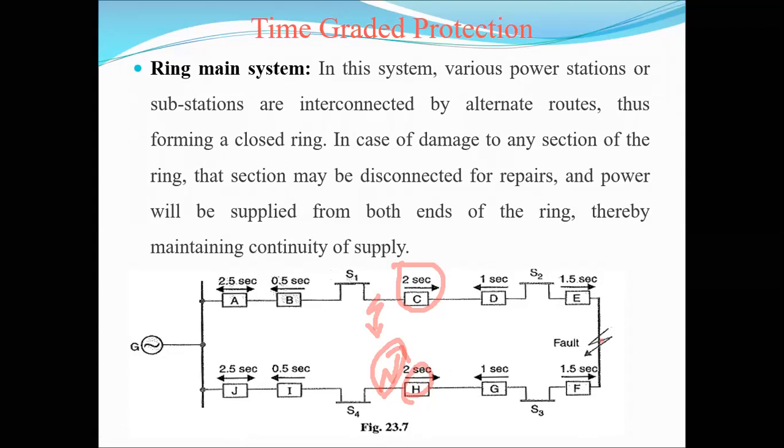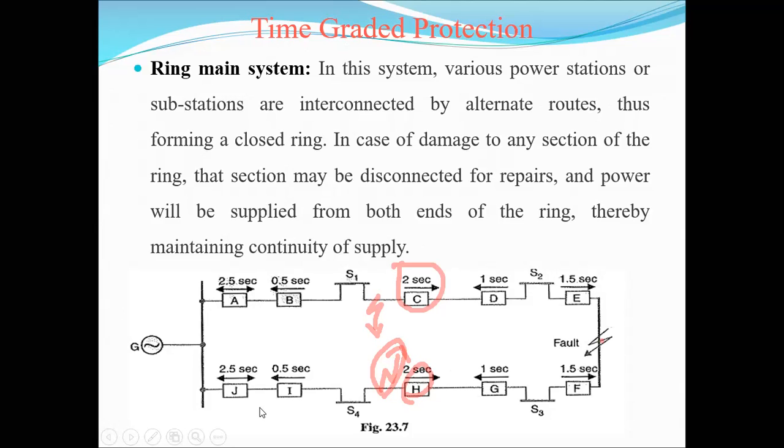In case of damage to any part of the ring, that section may be disconnected for repair. Suppose a fault occurs at that point, only this section is disconnected from the supply system.